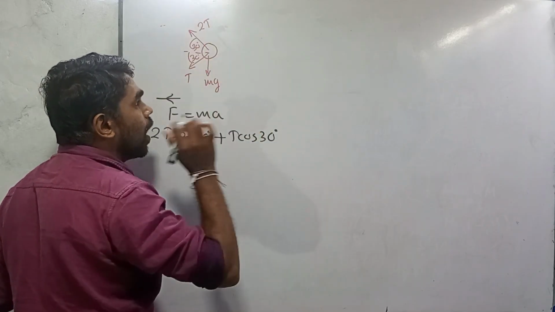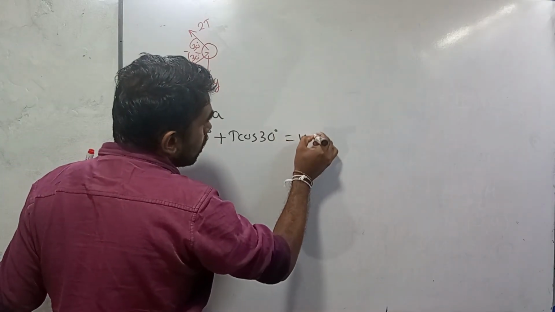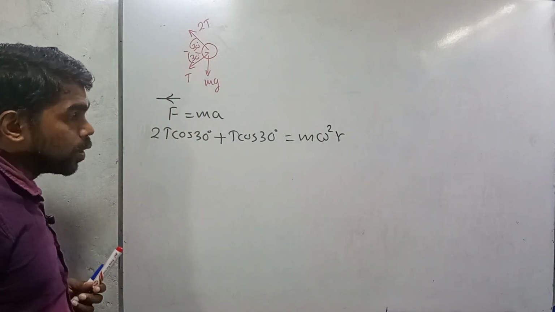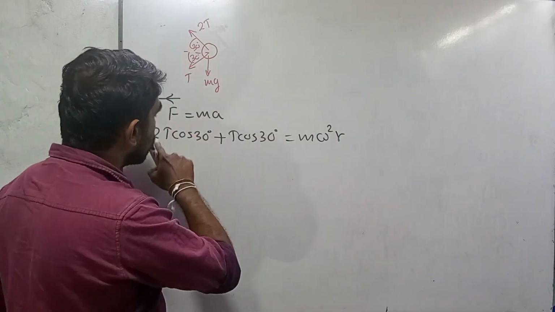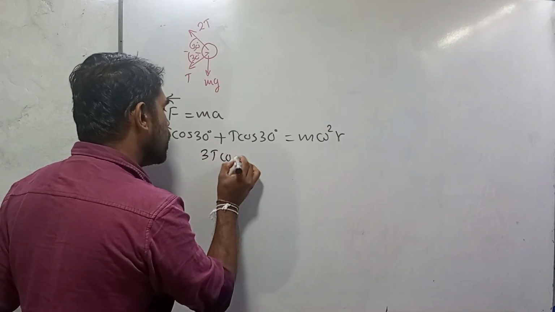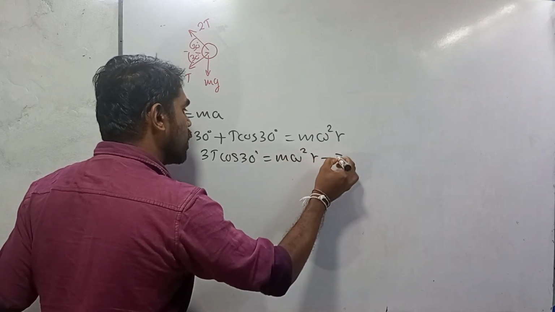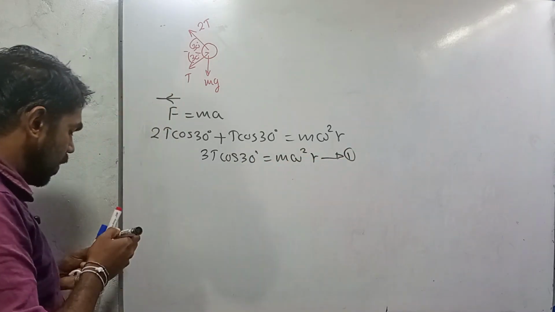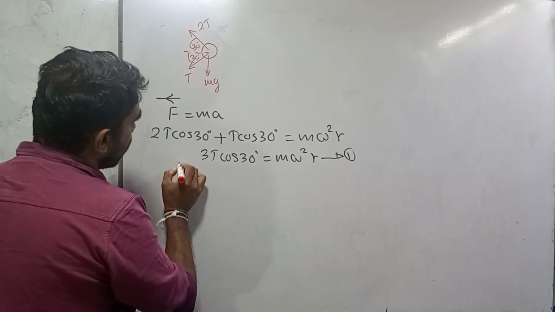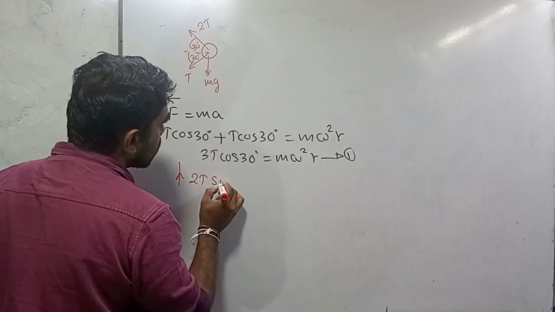These two forces are horizontal forces towards the center, equals m omega squared r. We have to find the angular velocity, omega value. 2T cos 30 plus T cos 30, that is 3T cos 30, equals m omega squared r. It is the first equation. Then I will consider vertical equilibrium. Upward force on the sphere is 2T sin 30.